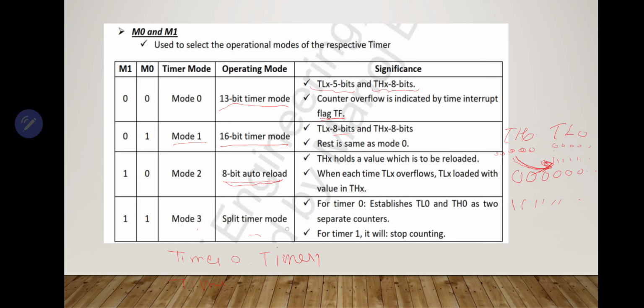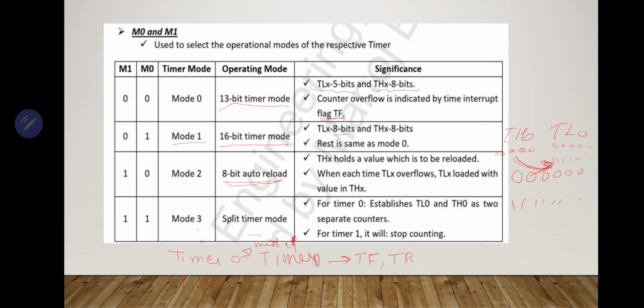But in the case of split timer mode, these two are dependent, which means timer 0 is responsible for counting. Let timer 0 work in mode 1. Then what is the duty of timer 1? The timer 1 duty is to control the TF, that is timer overflow, and TR, that is the timer run control bit.